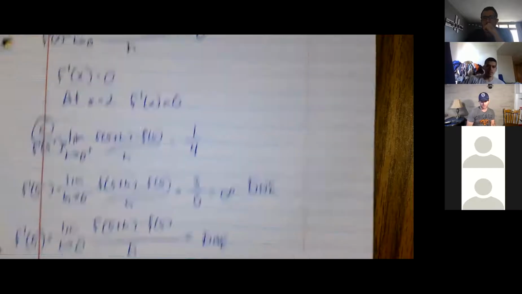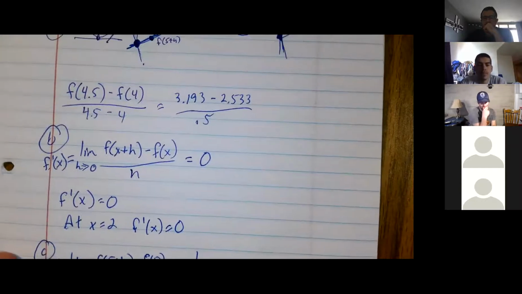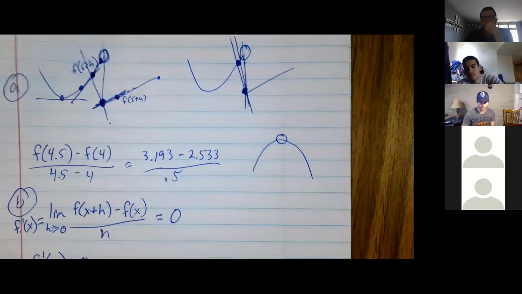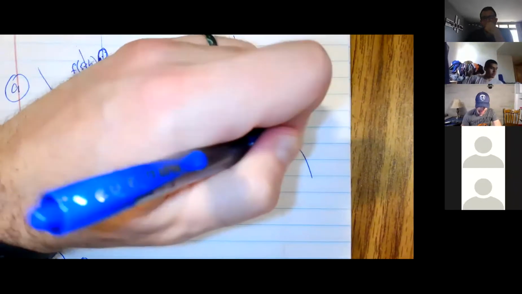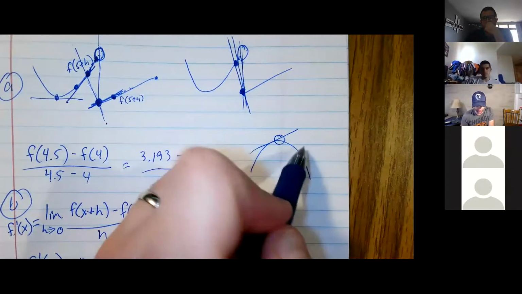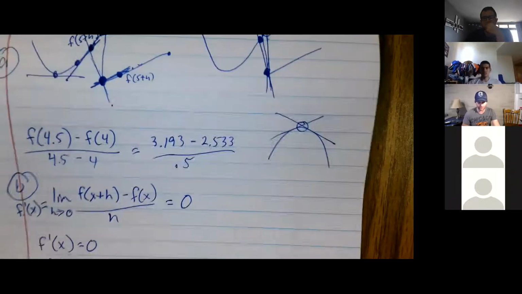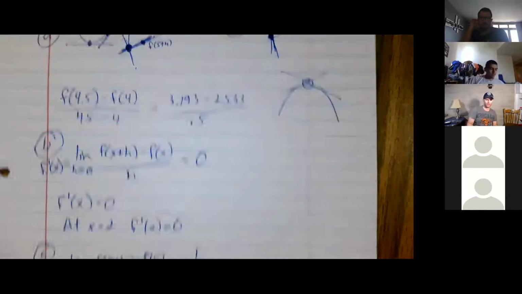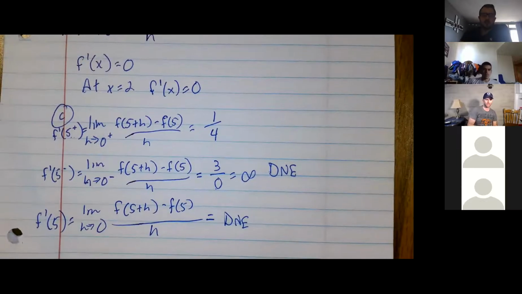For instance, what if you had a function like this, with just an open circle? You could say that the derivative from the left is approaching 0 and the derivative from the right is approaching 0, but the function is actually not defined. And so you know that the overall limit does not exist because the function is undefined.